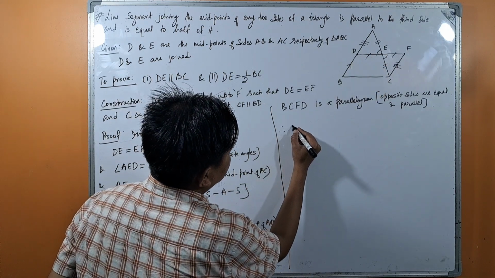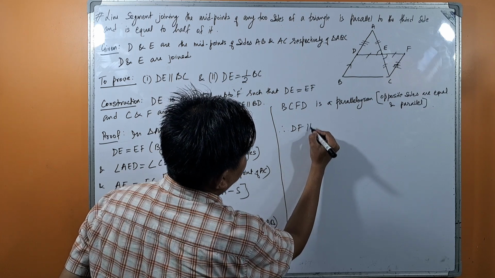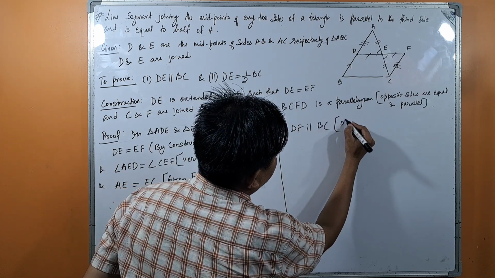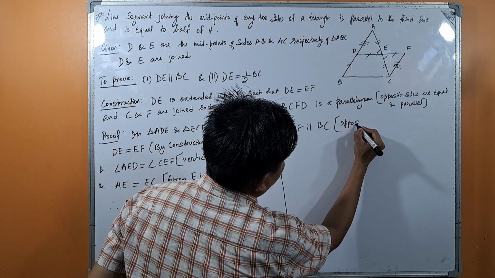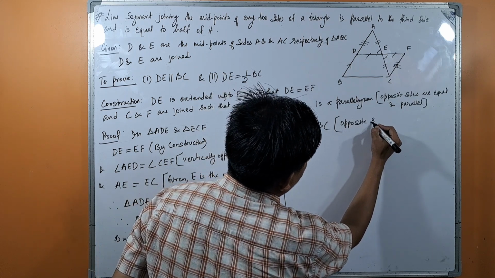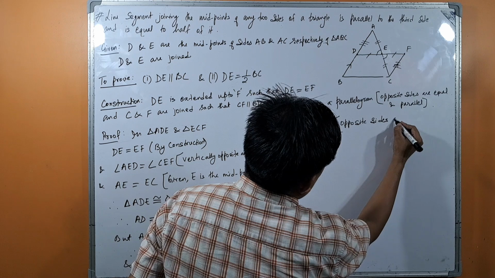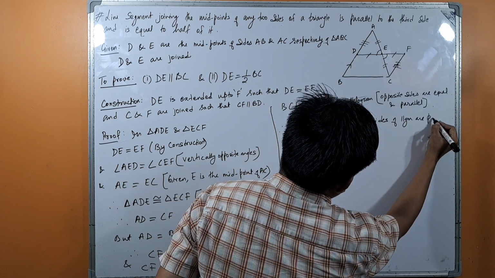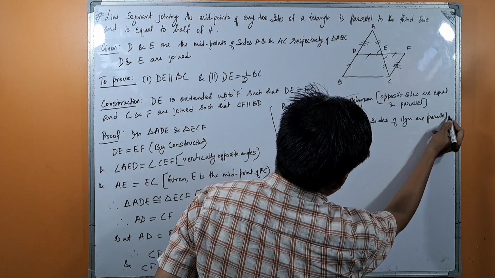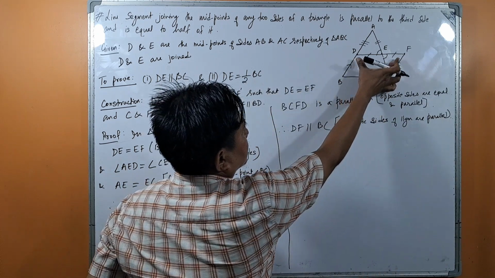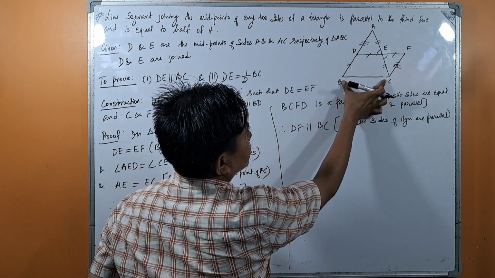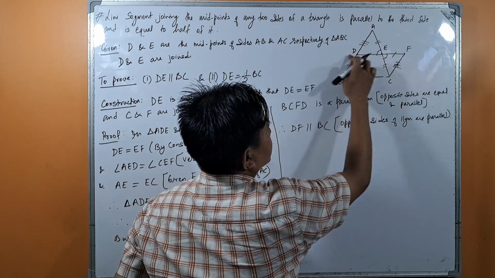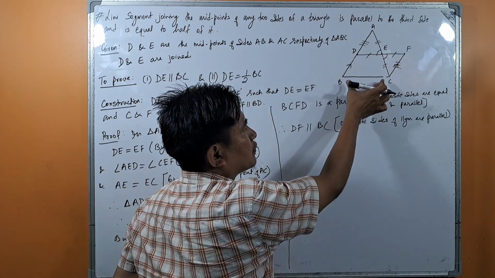Therefore we can say DF is parallel to BC because opposite sides of a parallelogram are parallel. Okay, DF and BC are the opposite sides of parallelogram BCFD. So DF must be parallel to BC.